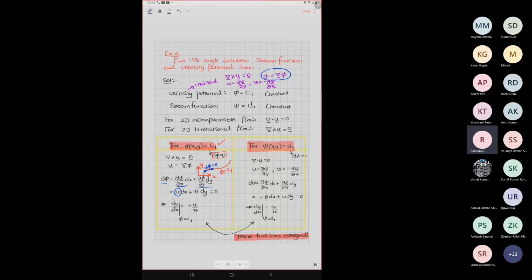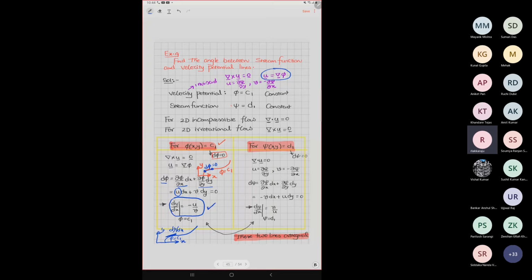That means the dy by dx along the phi is equal to constant C1 line has a value minus u by v. If this is your velocity potential line, the slope of that line on the plane of x-axis, y-axis represents dy by dx. Where are we calculating? We are calculating on the line phi is equal to C1. That value is given by minus u by v.